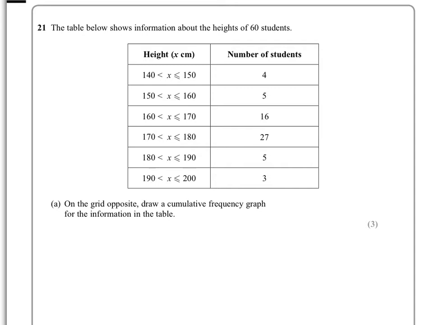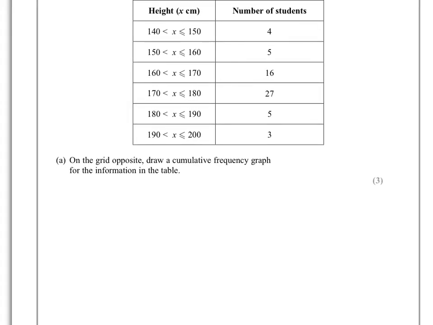So essentially what we have to do is, almost ignoring the bands that they've created, we look at our separate ones and say, okay, so between 140 and 150 there were 4. In fact, why don't we just write it down here?